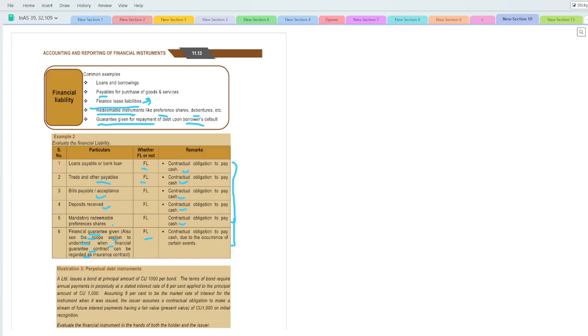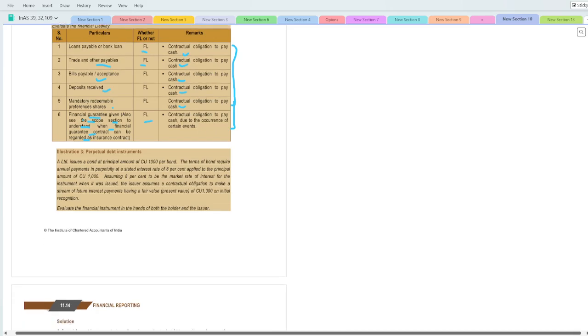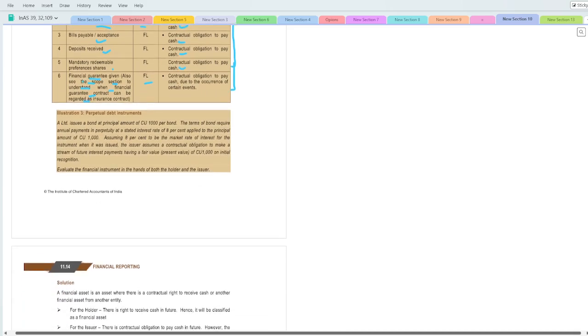Now quickly just going through this example. A Limited issues a bond at a principal amount of 1,000 per bond. The term of the bond requires the annual payment in perpetuity.